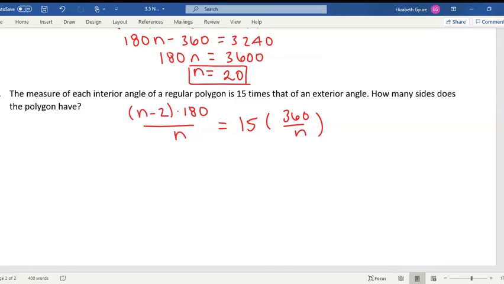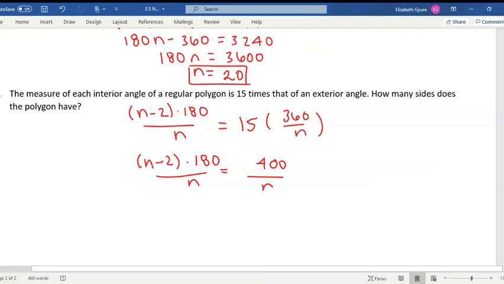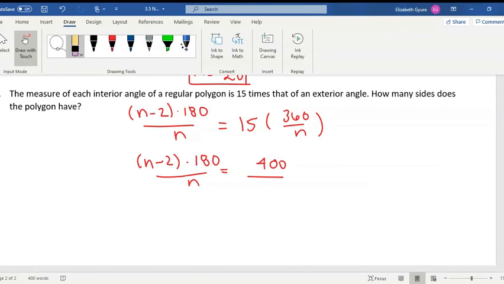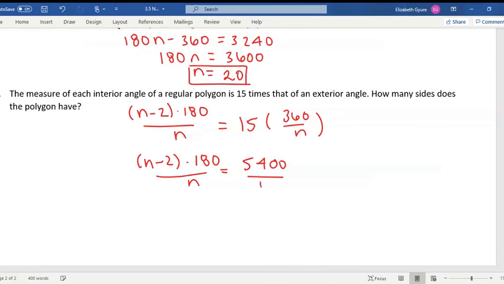There's a few different ways to then solve this from here. I'm going to just rewrite the left, n minus 2 times 180 over n equals, 15 times 360 is 5,400 over n. Then, since they're both divided by n, I can cancel that out so I don't have to deal with that anymore.